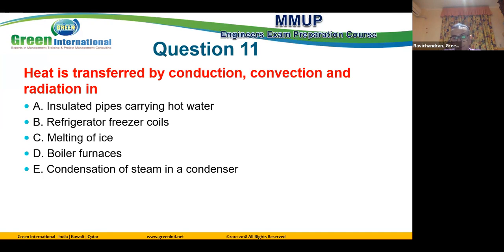But in a boiler, how can you explain how radiation occurs, because radiation does not require any medium, right? No, but there is no vacuum present. Inside the boiler we have a flame. The tube sees the flame, and the radiation comes from the flame according to how much of the flame it sees.